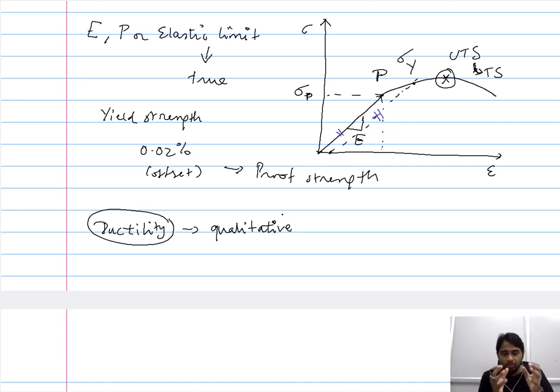When you want to consider a single material and talk about its properties, then you go for quantitative parameters like Young's modulus, proportionality limit, yield strength, and all these parameters that we have considered so far. When we want to talk about a single material and its mechanical behavior, we have to be quantitative, and we talk in these terms.